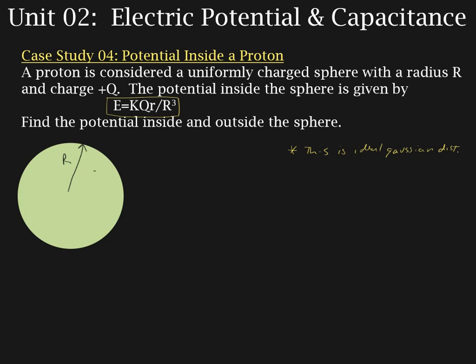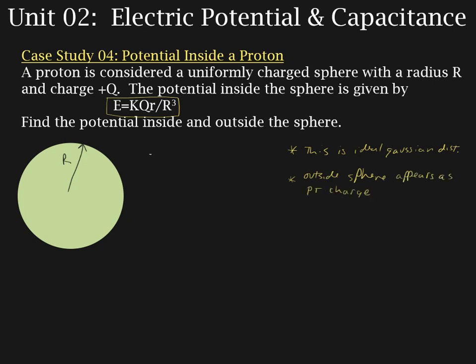But on the inside of the sphere, the electric field is going to be uniform for any particular radius. And so that makes it ideal because it's a spherical distribution. We can choose another sphere as our Gaussian surface, and so it's going to be much easier to solve this problem. So it's an ideal Gaussian distribution, and outside the sphere it appears as a point charge.